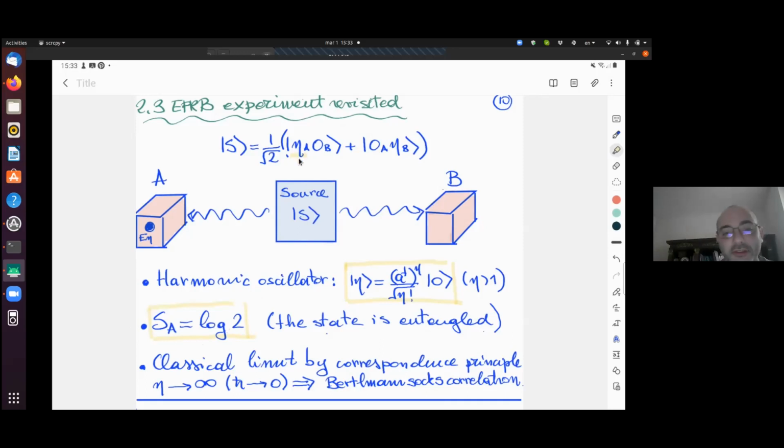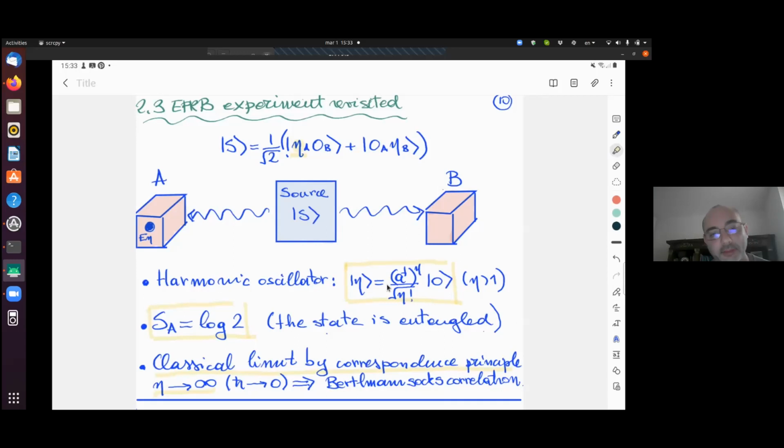Now imagine considering the limit in which this eta, which is a quantum number, is very large. So I'm considering the limit in which eta, the quantum number associated to the state which I wrote here, is very large.